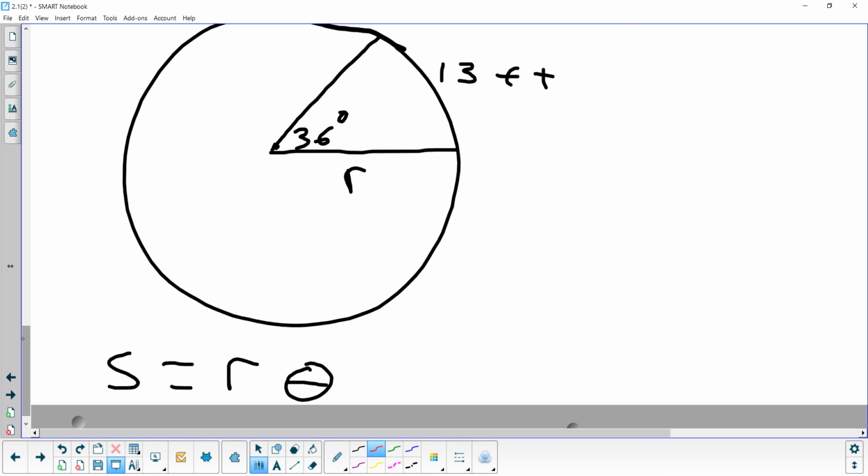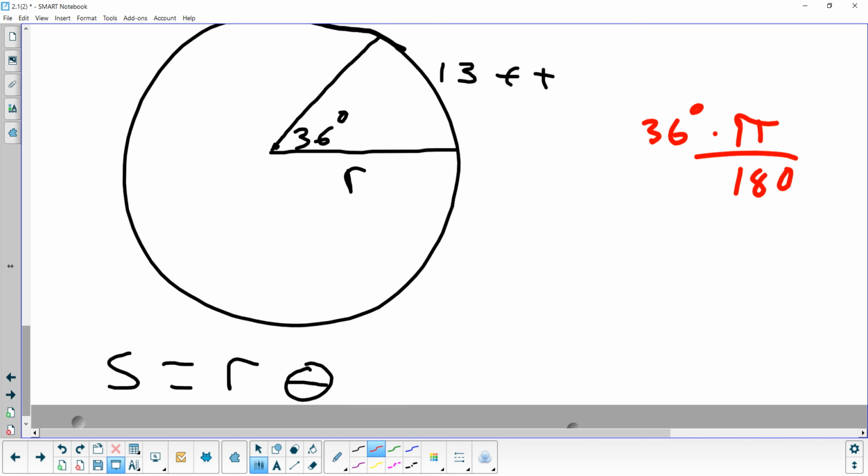Aiden, any thoughts before we start using the formula? We're going to have to change 36 degrees into radians. Yeah, we should change that to radians right away, and that's going to end up as pi over 5. Okay. So 36 times pi divided by 180.